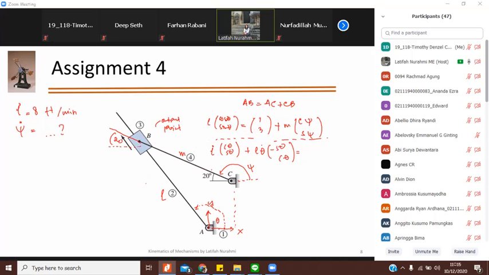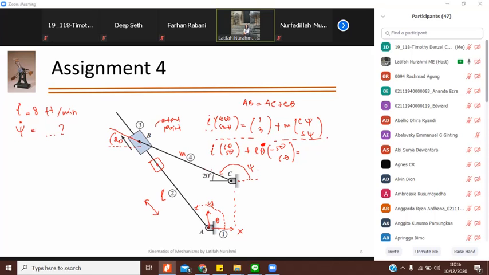Why? Because L also changes by time. This point B can be in this position, so L becomes smaller and so on. So that's why you have to derive L first, becomes L dot. Then after that, you derive theta, then it becomes theta dot.